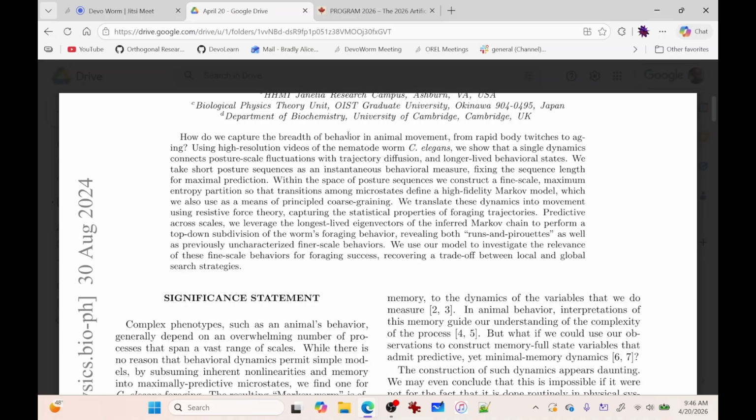Rapid body twitches are things that happen in the embryo when you start to get muscle. What tends to happen is you get the muscle cells first, and those muscle cells start to twitch because the muscle is tonically active in the embryo, and then the connections from the connectome start to come and innervate the muscle.